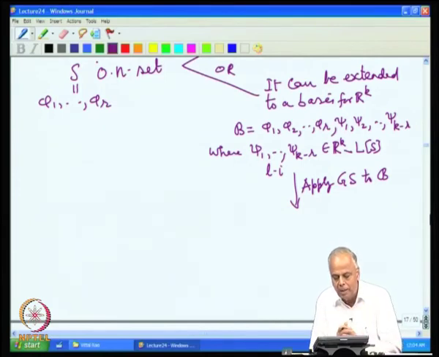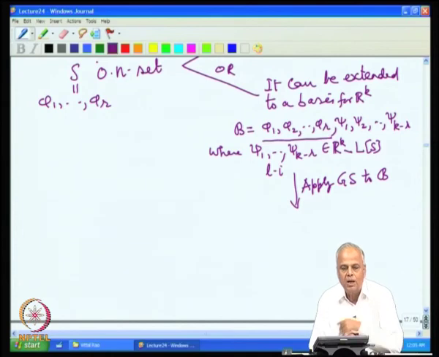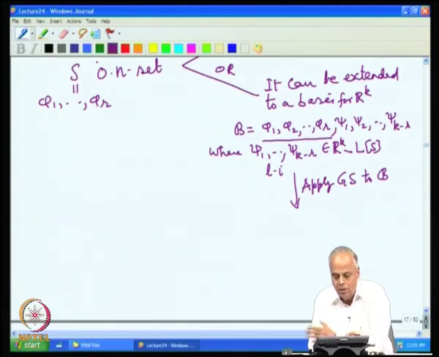When we do the operation, we go on orthogonalizing and normalizing, but the first r vectors are already orthogonal and normal. So, the Gram-Schmidt operation will do nothing to them, and it is in the later stages that it will come into action to orthogonalize and normalize the psi vectors.